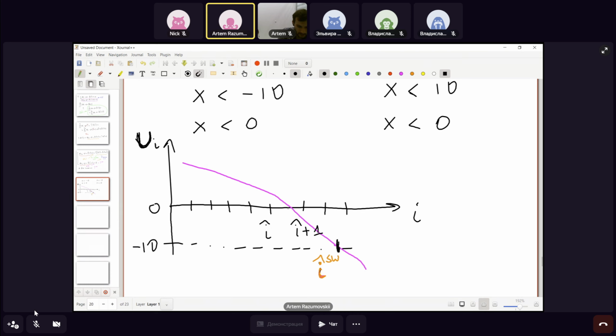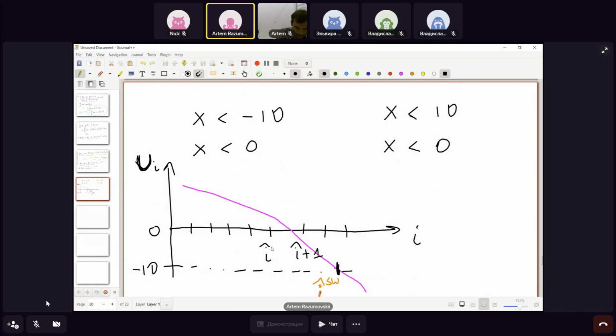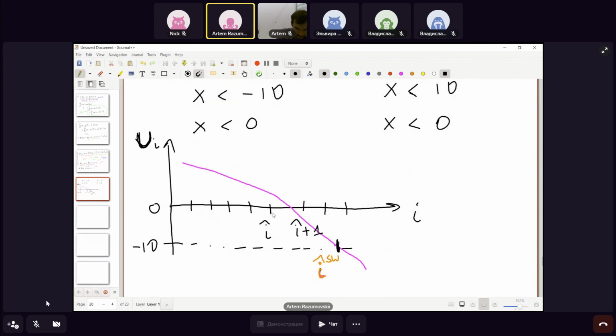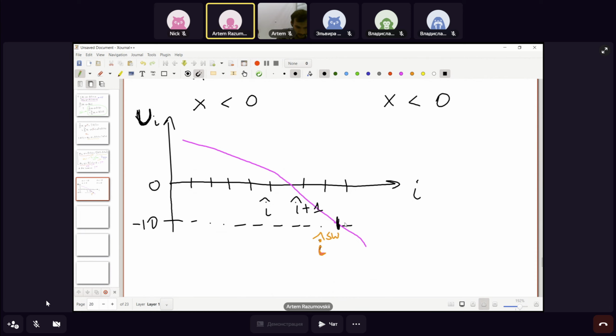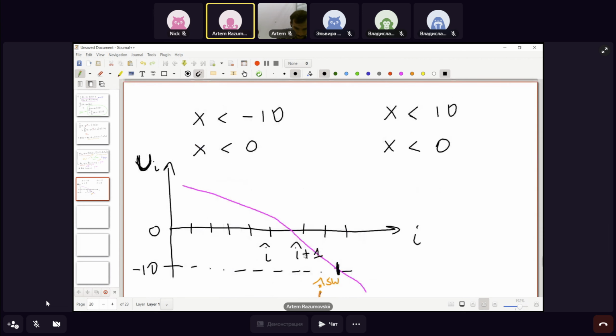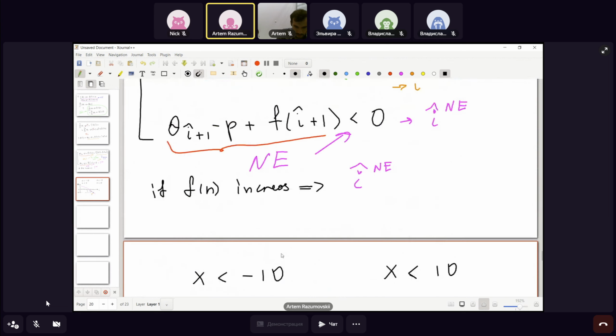So we know that there will be some indifferent guy, the last one who joins, and then the next doesn't join. So that's about Nash equilibrium if we compare with 0. And if the social welfare function is increasing, then you have to compare with something negative, and you can join more users.